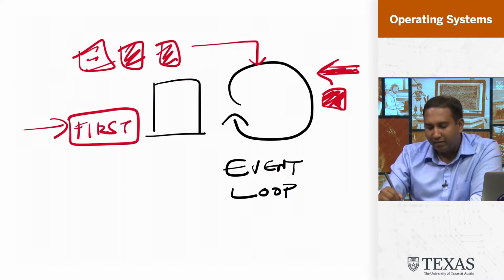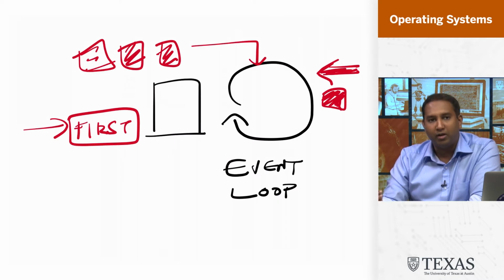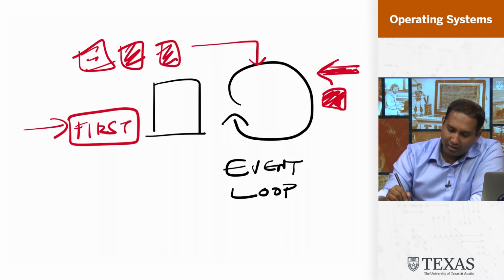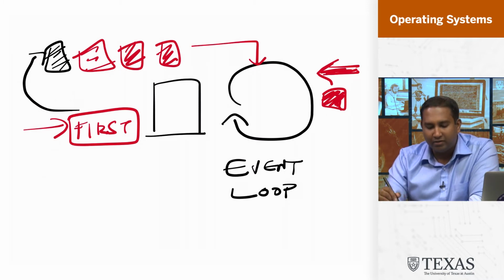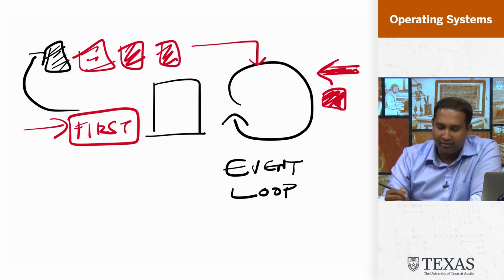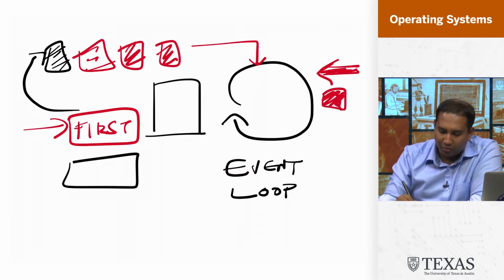And then you send it off. When this first part of the work finishes, it will return as another event to your event loop. Instead of a fresh request, it will be like, oh, here's a request that we've done some work on. And the event loop will once again look at this, and it will be like, I see that we've already done some work, and now I'm going to do the second part of it.